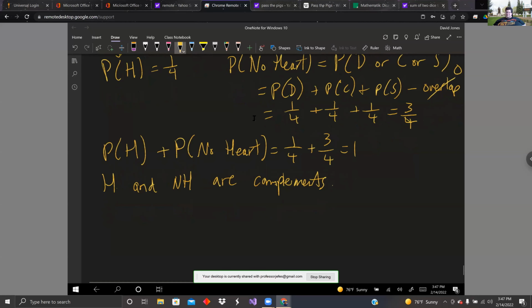They write it like this, with what looks like an exponent C. The complement of heart, written like that, is no heart. And the complement of no heart is heart.